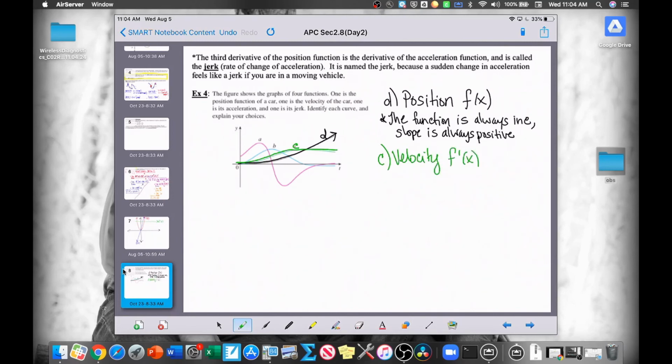Okay, and we could say about this that as the slope of the position graph becomes steady, the slope of the velocity graph flattens.